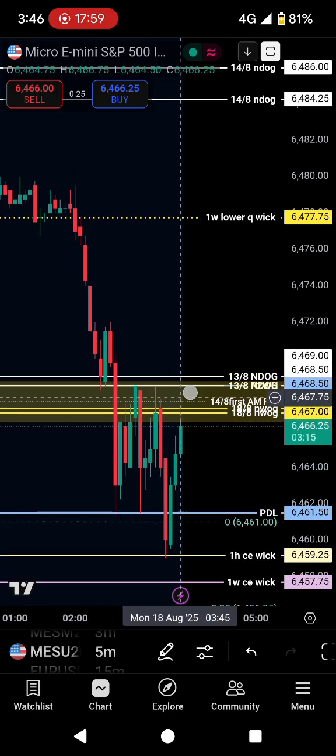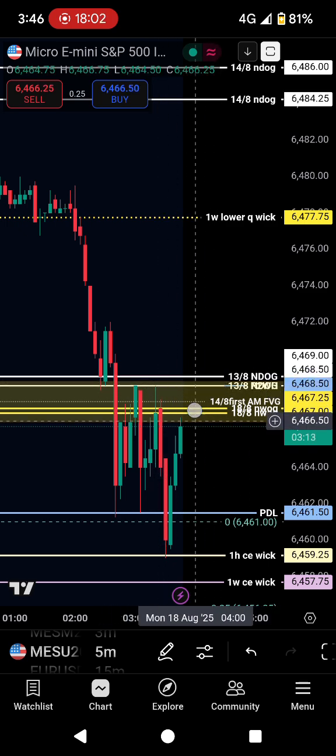The best trade will be if we can displace above here, okay? From fair value gap.